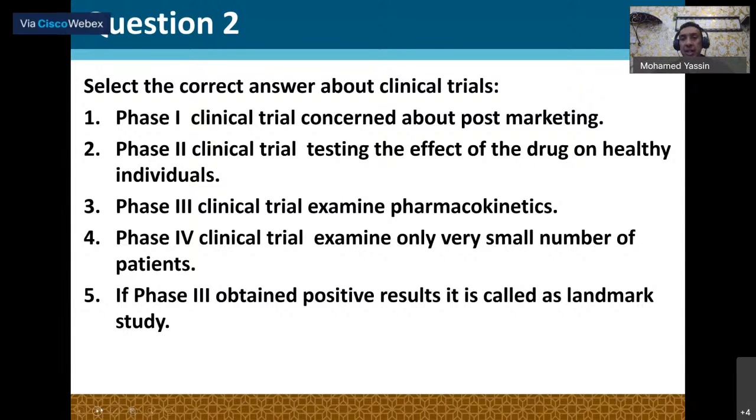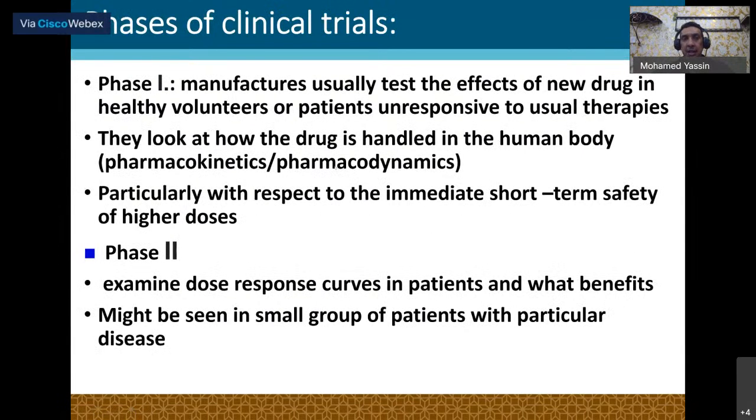So pharmaceutical companies usually divide the clinical trials. There are different ways to define and classify clinical trials. One of them is to define them by phases: phase 1, phase 2, phase 3, phase 4. So what is going on in phase 1 usually? The manufacturers usually test the effect of the new drug in healthy volunteers or patients unresponsive to usual therapies.